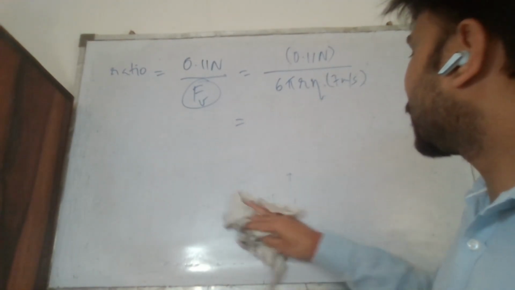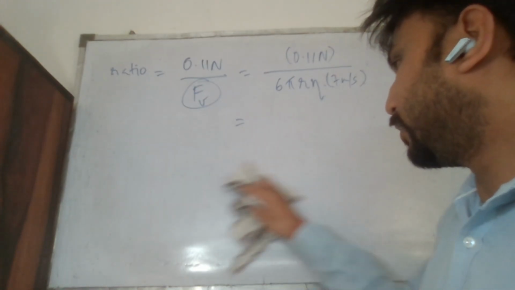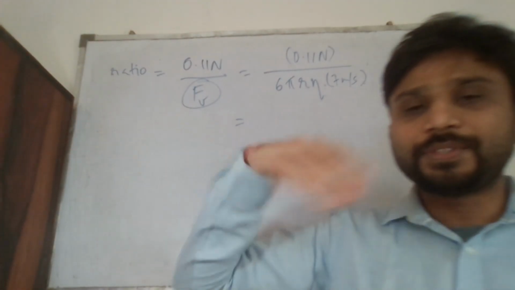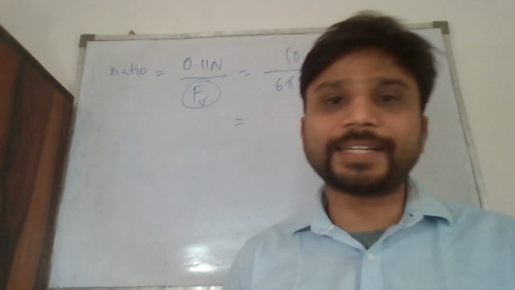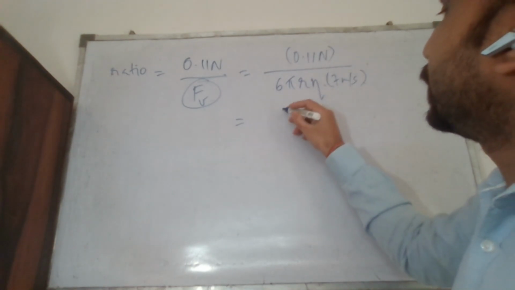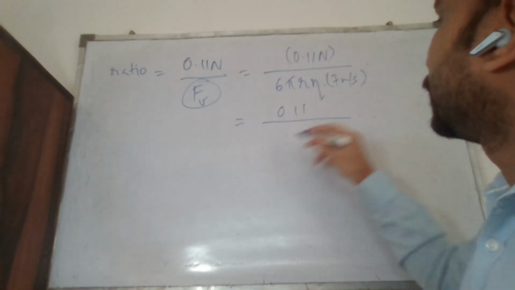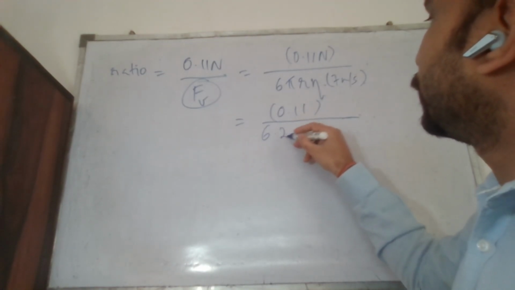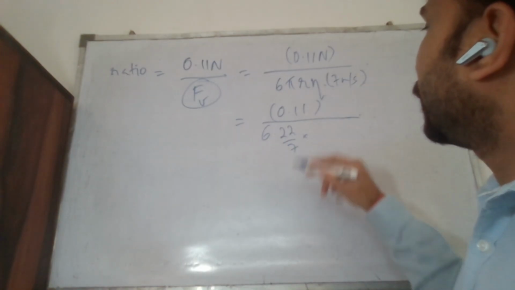So in effect, what it is saying is that although you take the body up till that particular point, just calculate what is the viscous force acting at that point. So this value 0.11 is 6 into 22 by 7 into r.